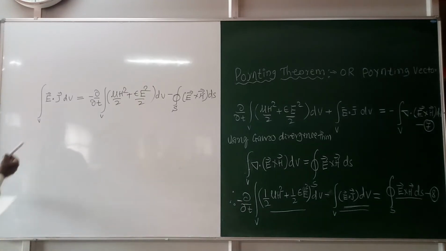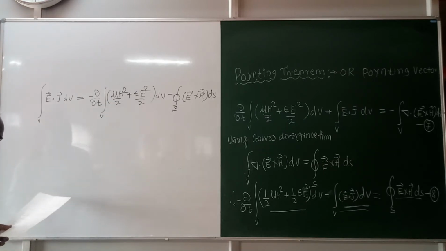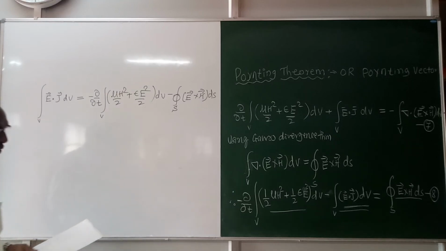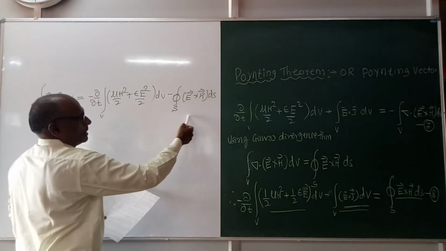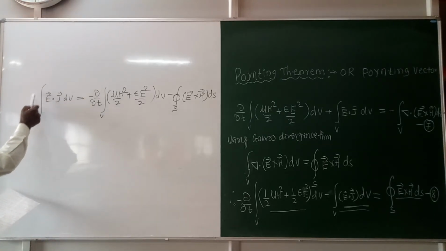This term indicates the time rate of change of electromagnetic energy within a certain volume V, plus the time rate of energy flowing out through that boundary surface S, is equal to the power transmitted to the electromagnetic field.